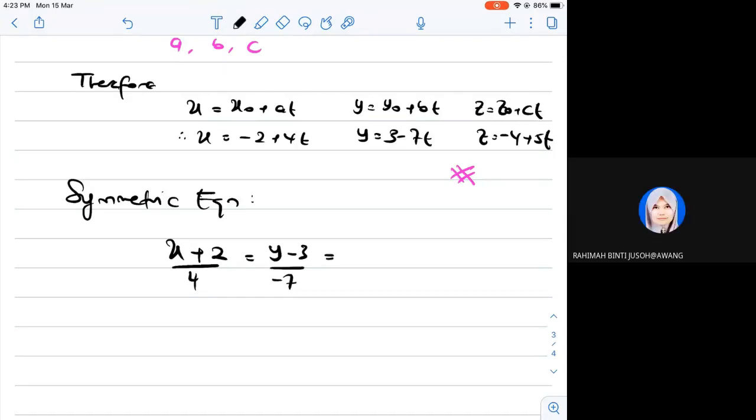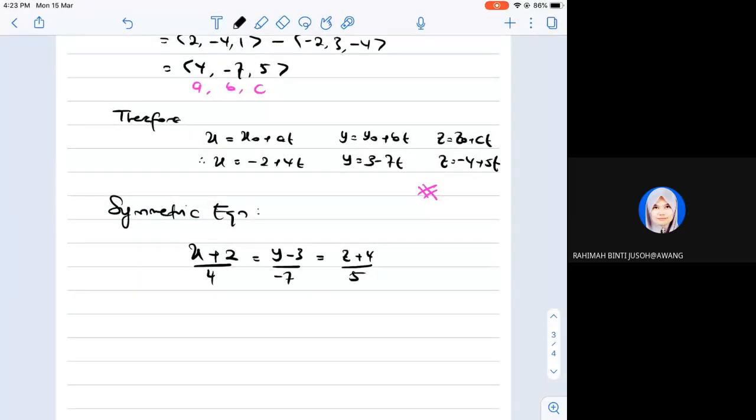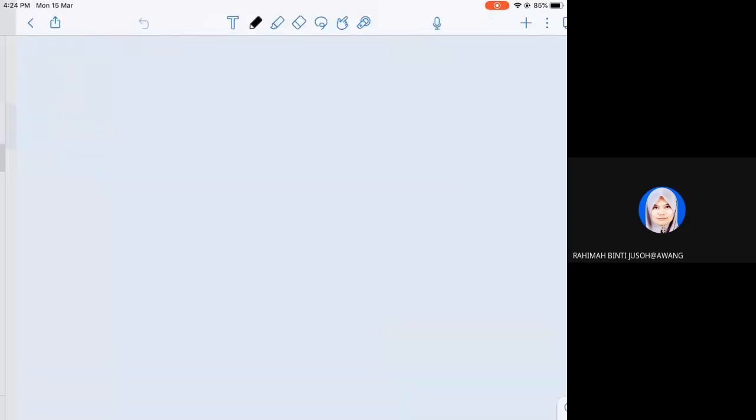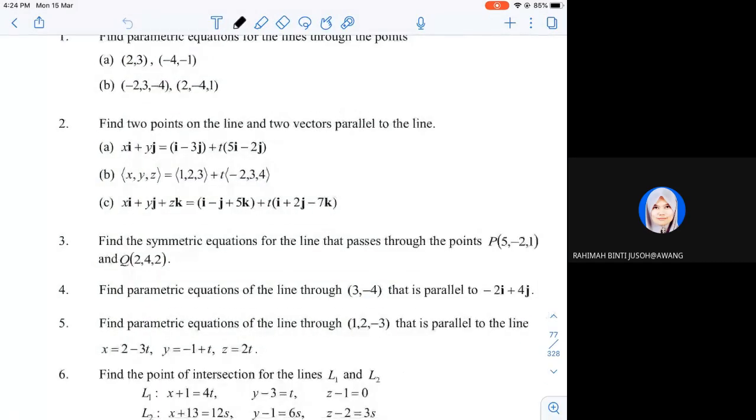Okay, very good. How about Z? Plus 4 over 5. Macam tu. So yang atas ni parametric equation, yang bawah ni symmetric equation. So read the question carefully in your test. Baca soalan betul-betul.